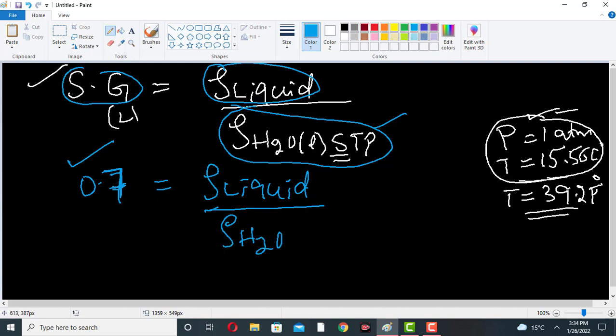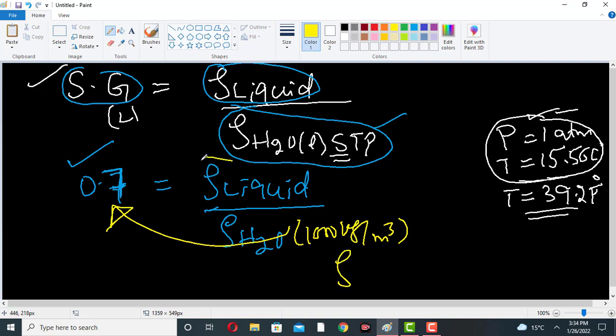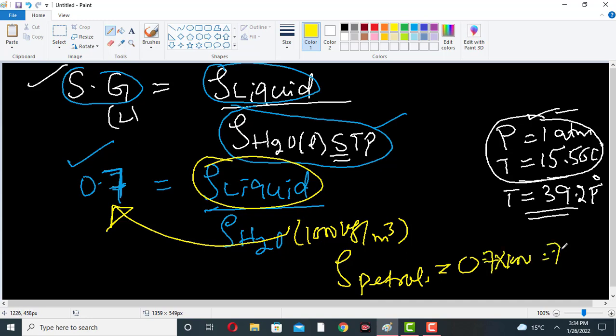As we know, the density of liquid water is 1000 kilogram per cubic meter. So simply multiply by 0.7. The density of petrol will be equal to 0.7 multiplied by 1000, which is 700 kilogram per cubic meter.